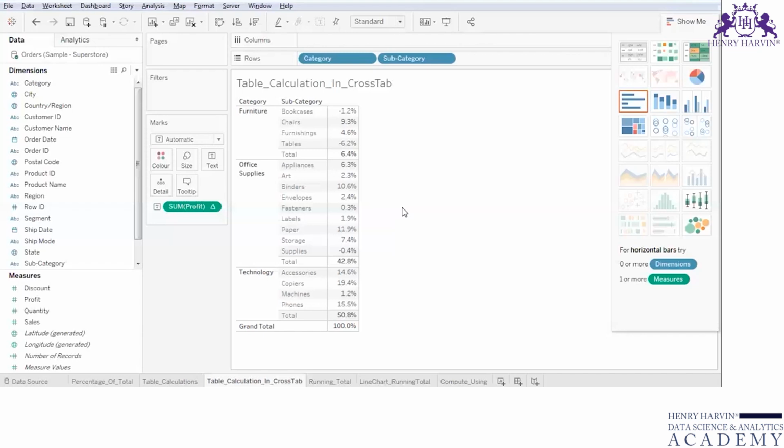So when we show it in terms of percentage, it gives quick decision making power to the person who's looking into the data. Now next we'll see how to create running subtotals, running totals.